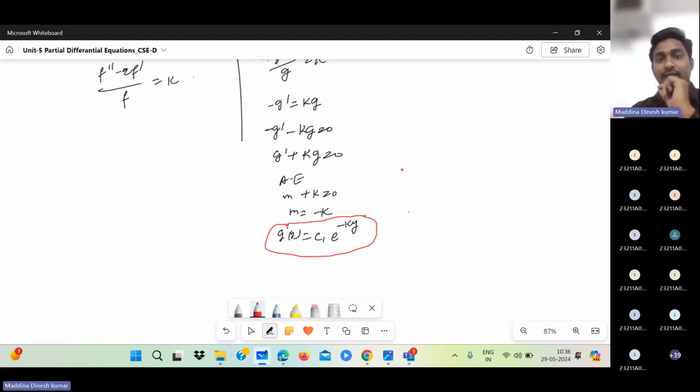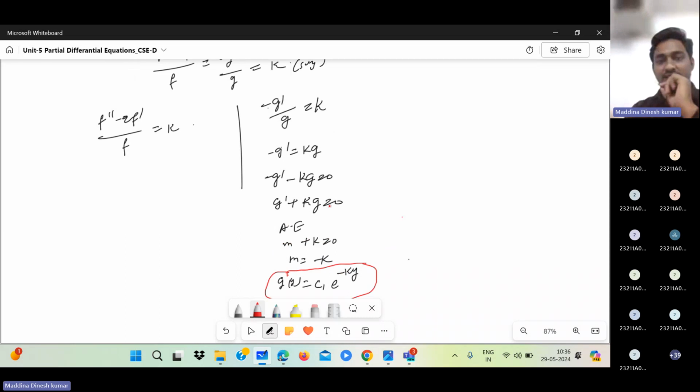Now I will explain why in place of g 1 is coming and in place of g dash m is coming. Suppose g double dash is there, then m square will come. Why? g dash plus kg equal to 0.